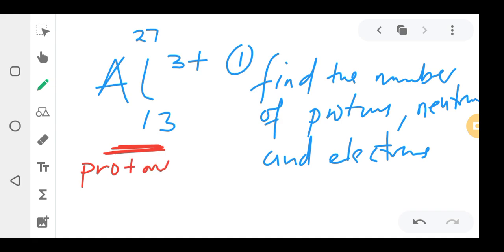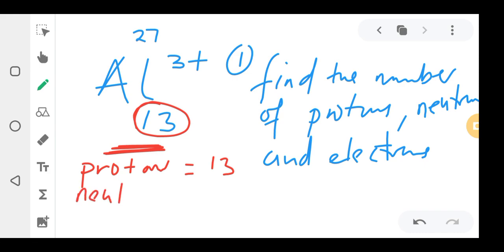Finding the protons is very easy. The number down always represents the protons. So there are 13 protons. The next thing is the neutrons.